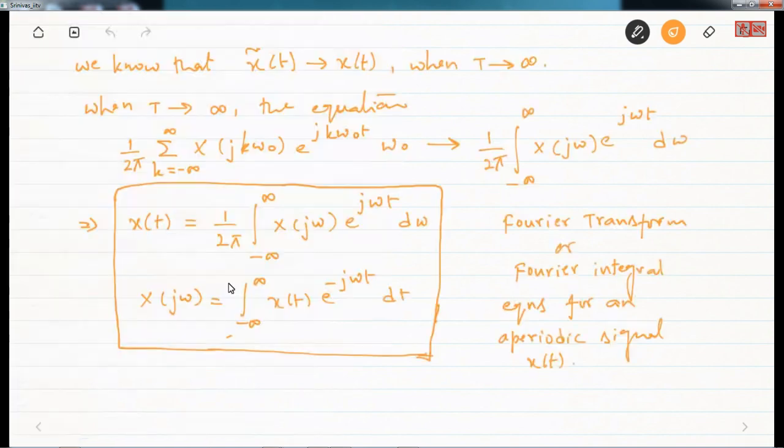We will talk about only these two equations further. So in these two equations, we can write x of j omega is called the Fourier transform of x of t.